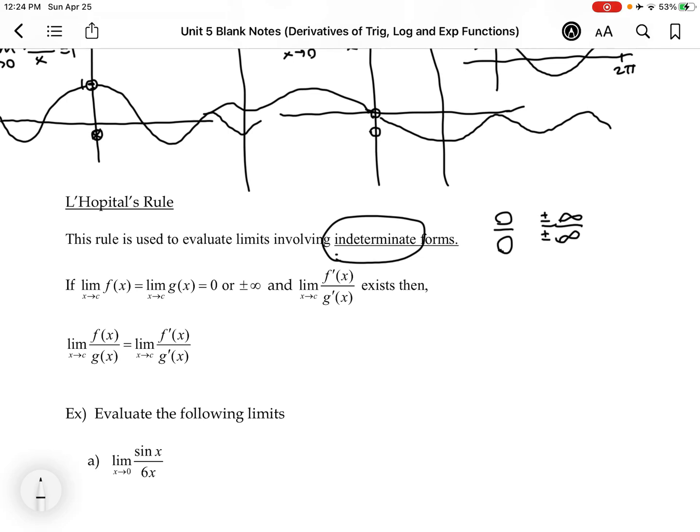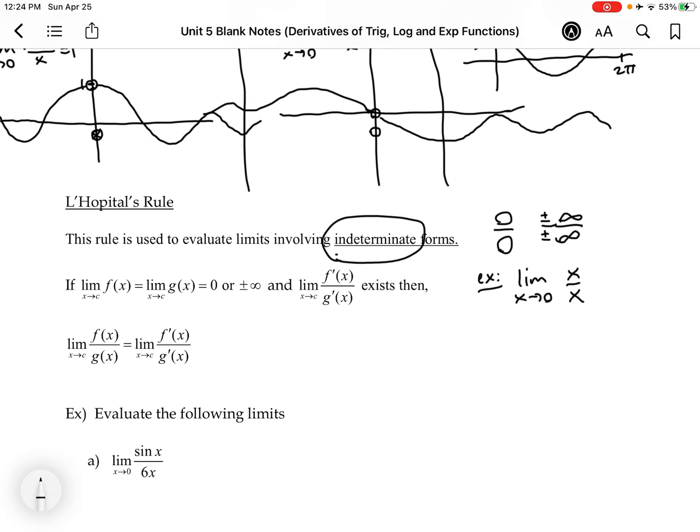A really good example would be the limit as x approaches 0 of x over x, because that limit is 0 over 0. We should know what this is because x over x simplifies to 1.